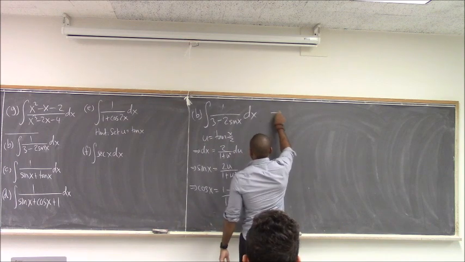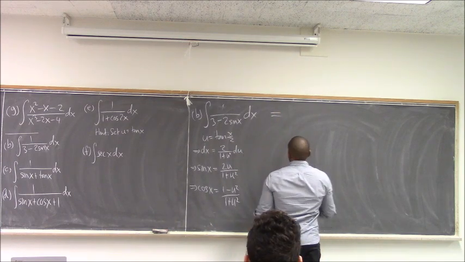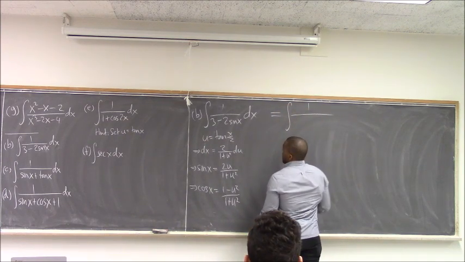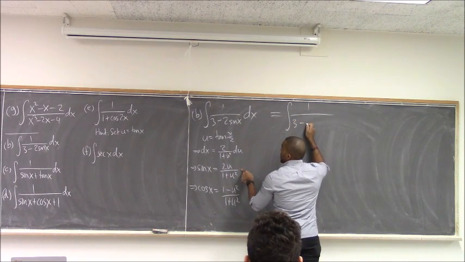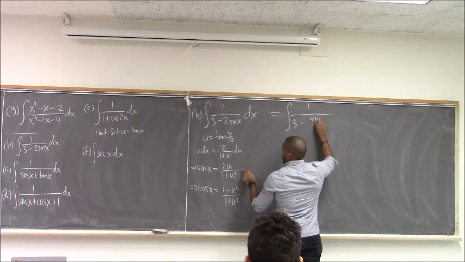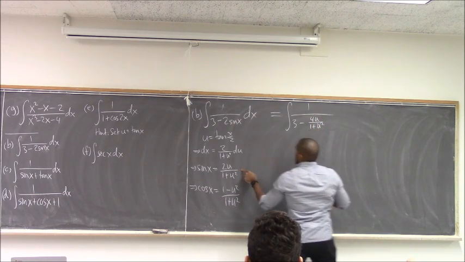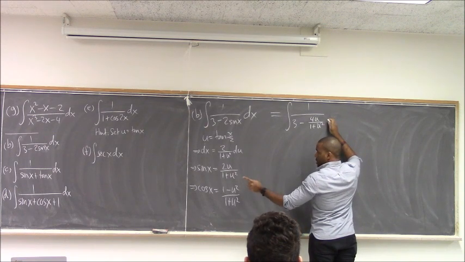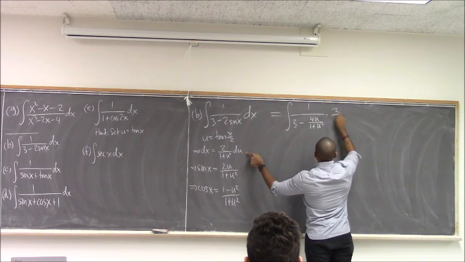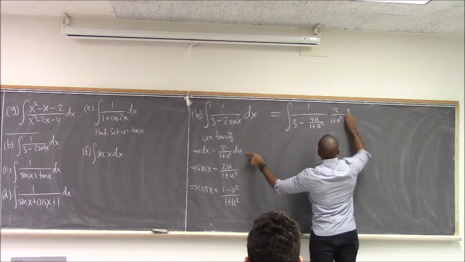So pretty much what we're going to do is make all these substitutions. Here we would have 3 minus, I'm going to replace sine x with this, so that's 4u over 1 plus u squared, and I'm going to replace my dx with this, so that's 2 over 1 plus u squared.